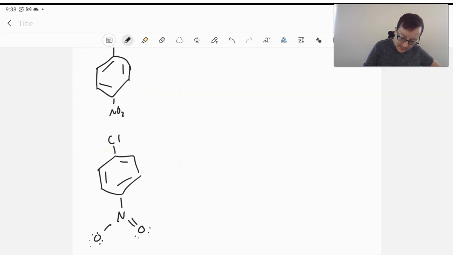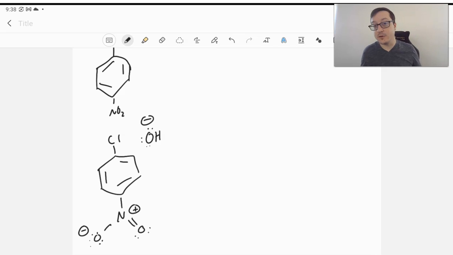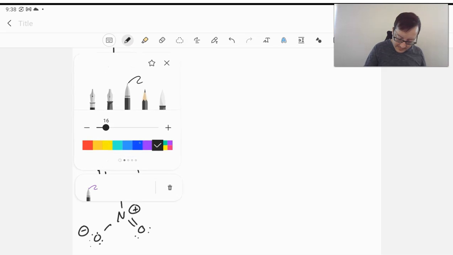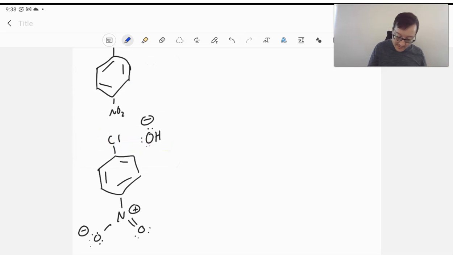Hydroxide, good nucleophile. We have everything all set for our NAS reaction. We have our para-situated chlorine. We've got our nitro group ready to go. And your professor has forgotten his formal charges. There we go. So let's take a look at how this mechanism works.